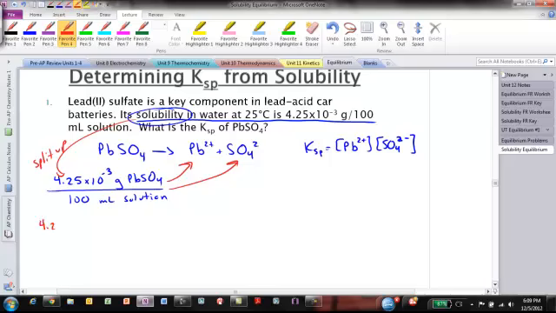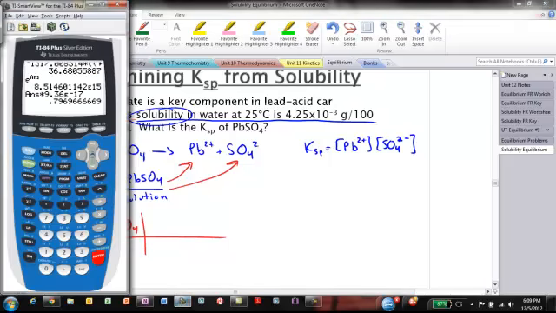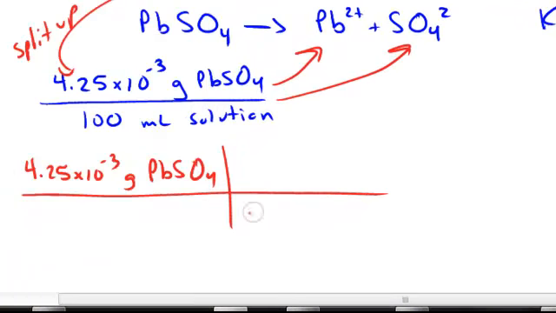So we're going to take 4.25 times 10 to the negative third grams of PbSO4 and change it to moles because we need molarity. We're going to have to look up the masses, and we'll add lead plus sulfur plus the 4 oxygens and get 303.26.